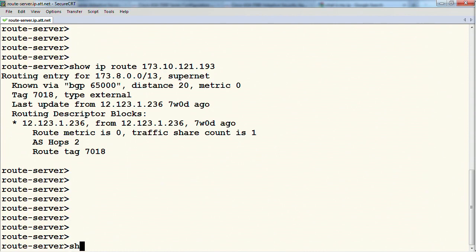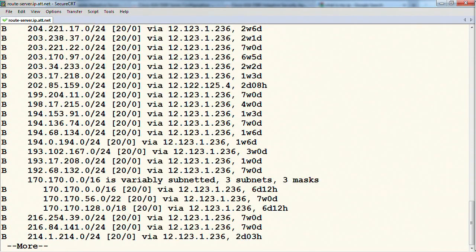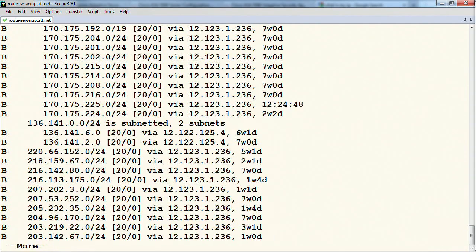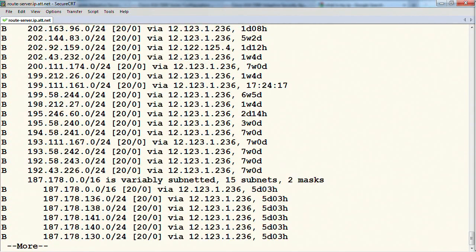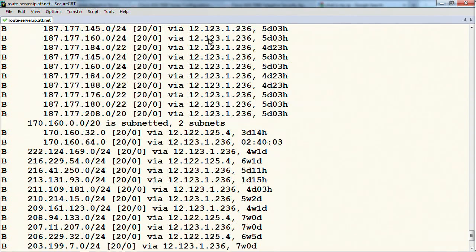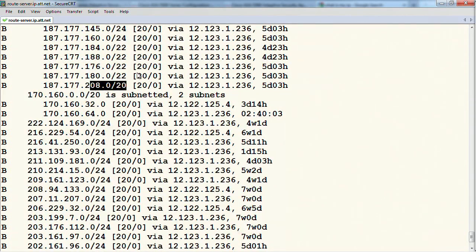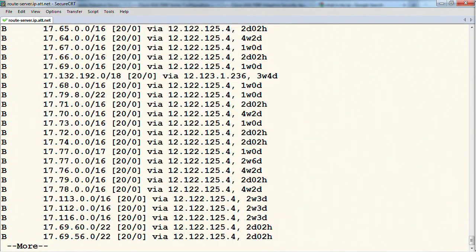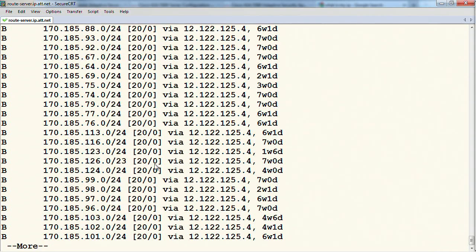But if we look at the actual routing table of this device, if we show IP route, you'll see that the vast majority of these networks don't have the same subnet mask. Some of these are /24s, some of them are /20, some of them are /22. And basically this is every single route that's in the internet. There's about 300,000 of them in here.